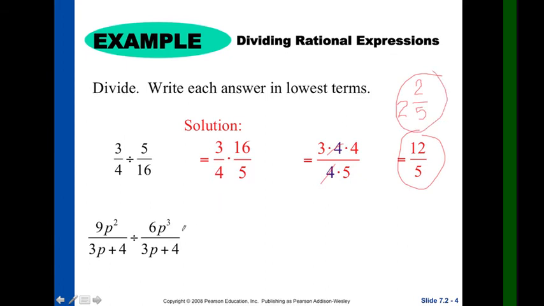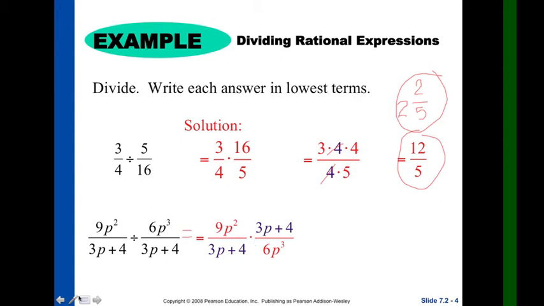Now, proceed na tayo sa ating rational expressions. For the rational expression, we have 9p squared over 3p plus 4 divided by 6p cubed over 3p plus 4. So, for this one, kukunin natin ang reciprocal ng 6p cubed over 3p plus 4 at magiging multiplication sign ng ating operation.